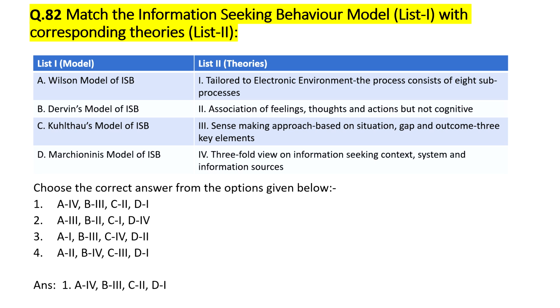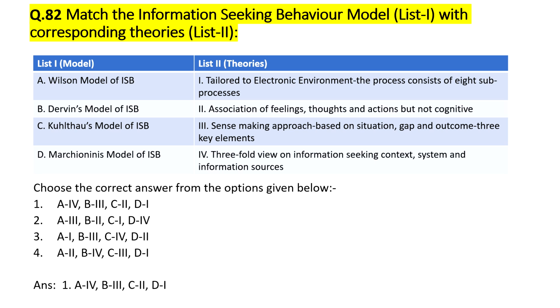In question number 82, we have to match the information seeking behavior model of list 1 with corresponding theories given in list 2. The correct answer of this question is option number 1, according to which option A, Wilson's model of information seeking behavior, is related to threefold view on information seeking context, system and information sources.